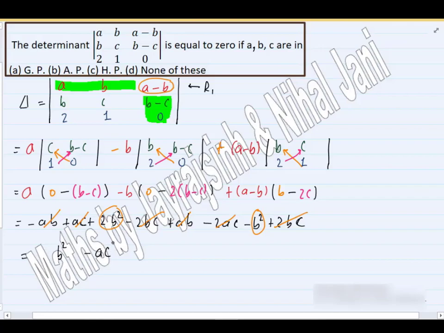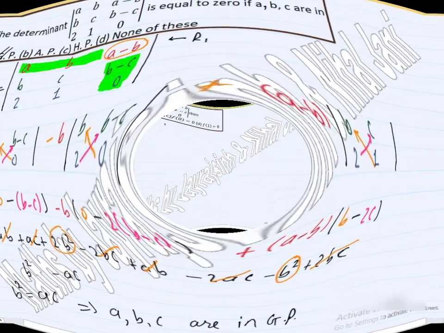So if our determinant is equal to 0, then we can say B square is equal to AC, and therefore we can say ABC are in GP. Tada! Option A is your final answer.